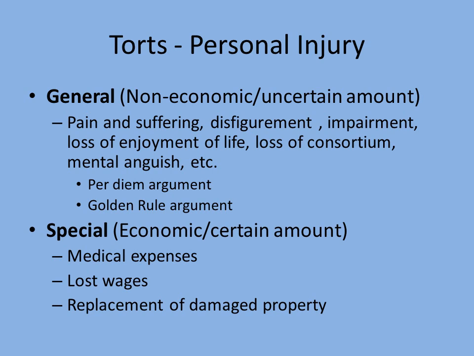You can be certain as to the pain and suffering and the disfigurement and impairment having occurred, the loss of enjoyment of life. These things are all things you can be certain have occurred. You can prove that. But what is the value of them? What are they worth? And that's the uncertainty issue you have to deal with in personal injury.